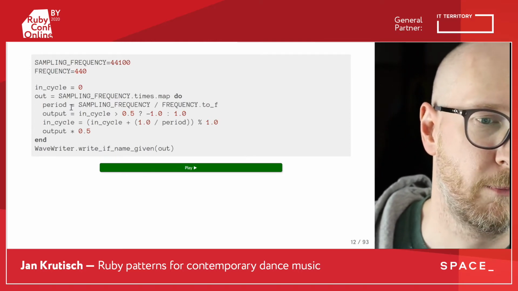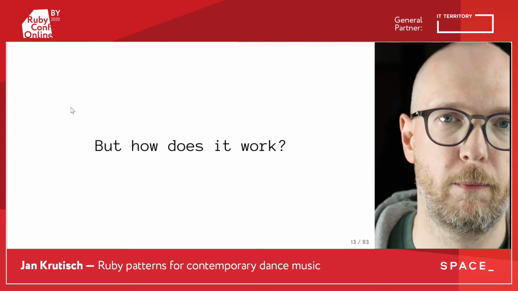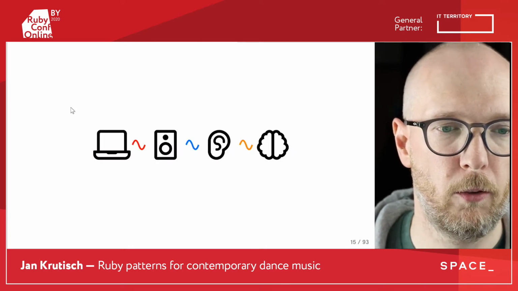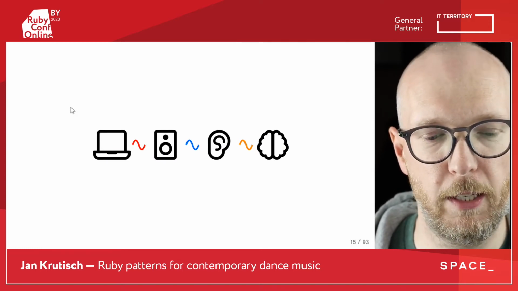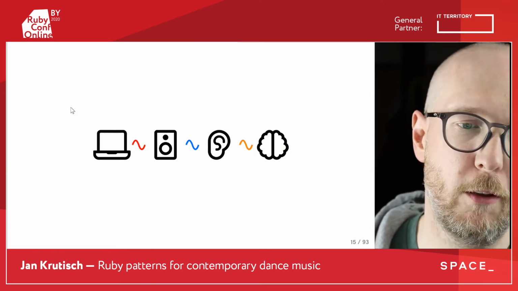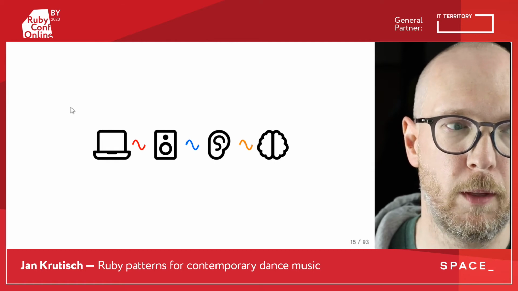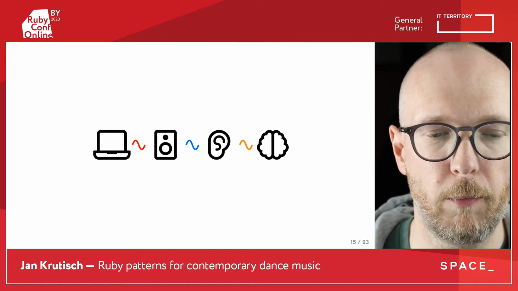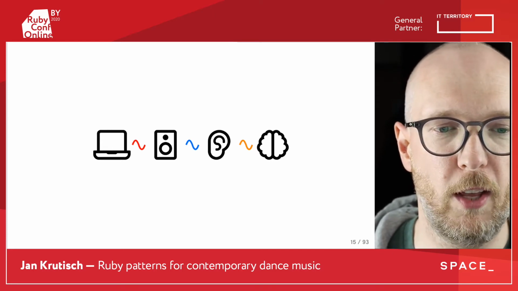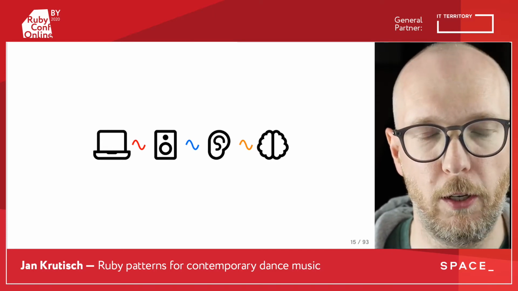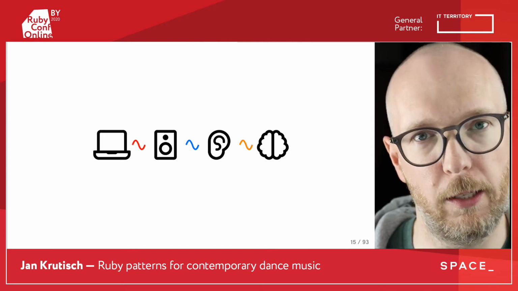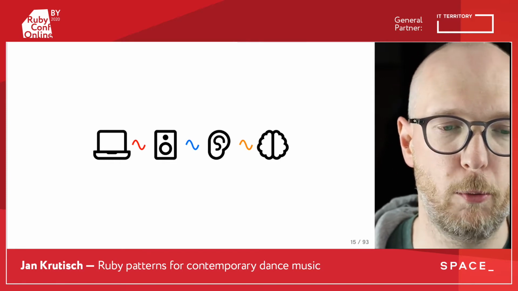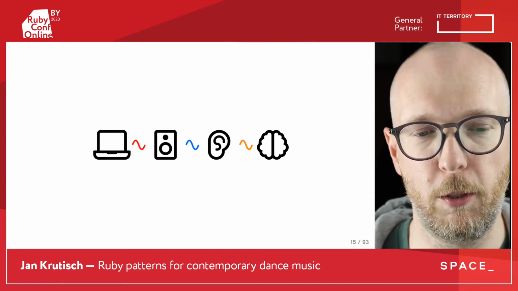So how does this work? I mean, how does it really work? So this is kind of a schematic of how this actually works. If you think about it, the computer is actually generating electrical signals that it is then sending to a loudspeaker. And the loudspeaker is essentially an electromagnet that is connected to a large diaphragm, and that gets pushed out by the electromagnet, by the signals that are coming from the computer.